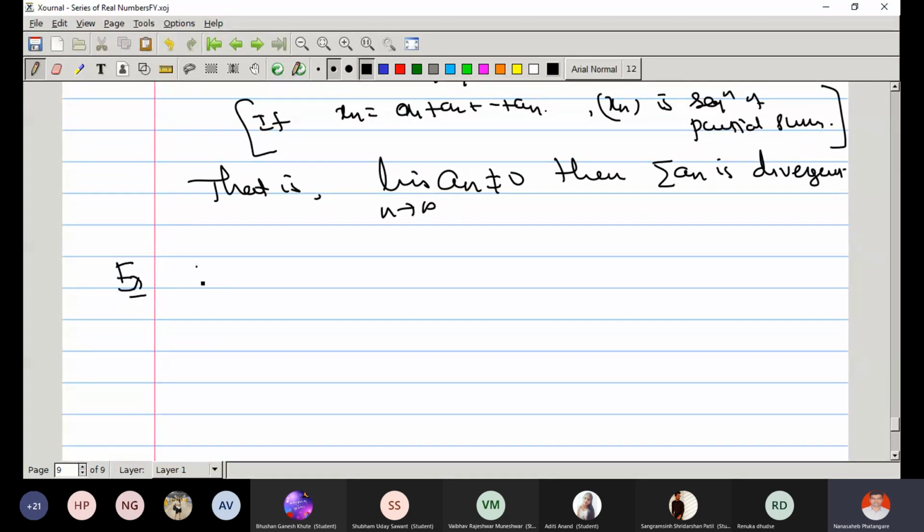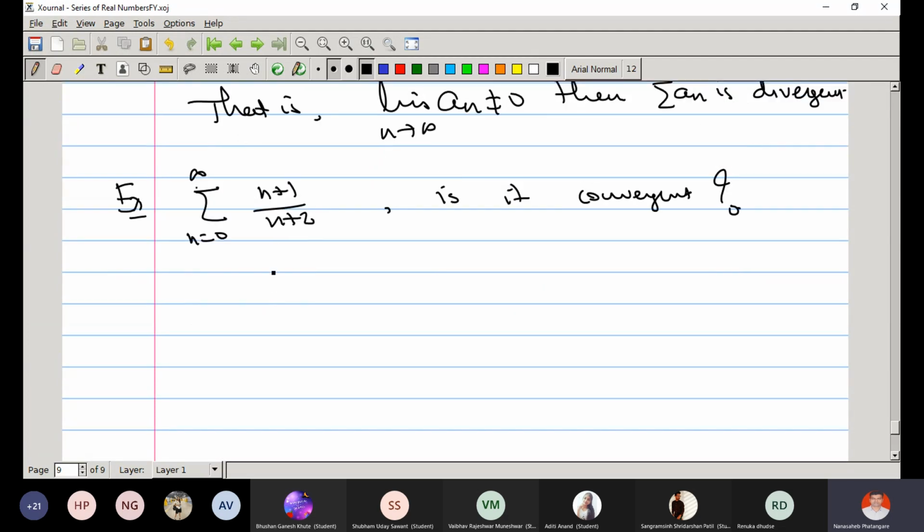What can you say about the series n plus 1 upon n plus 2? Is it convergent? So what is an here? The nth term of the series is n plus 1 upon n plus 2. Therefore, what is the limit of an? What is the limit of n plus 1 upon n plus 2?